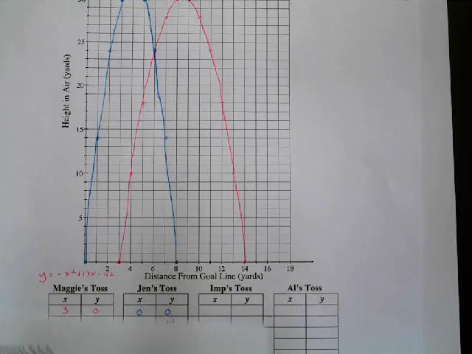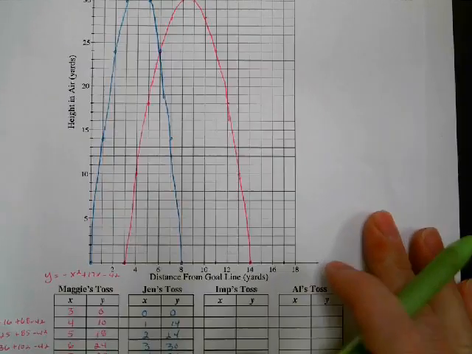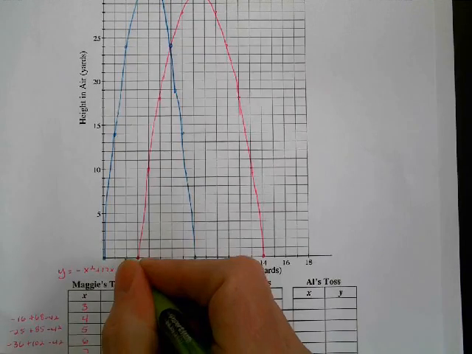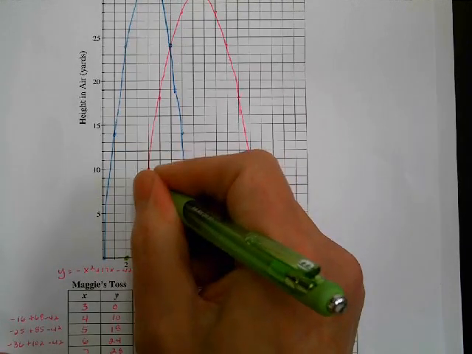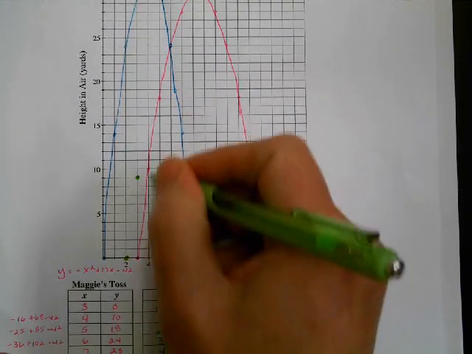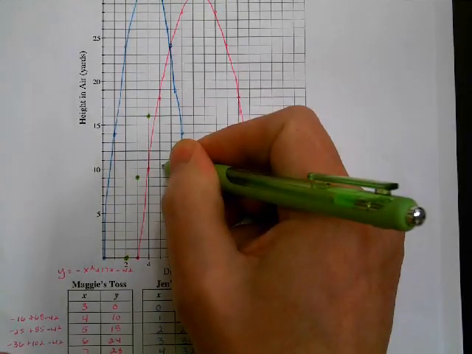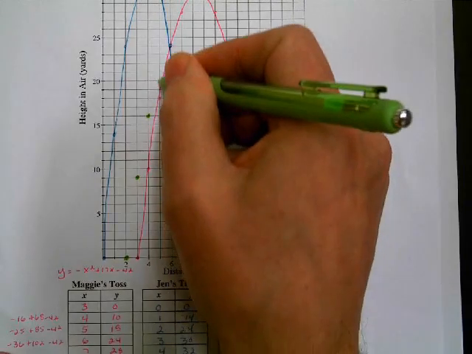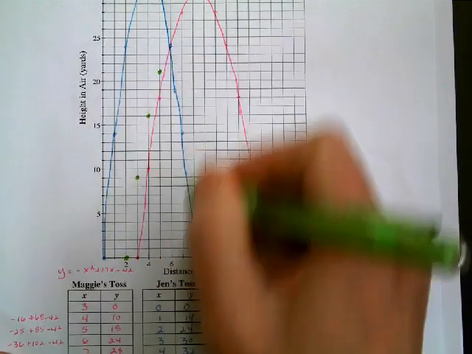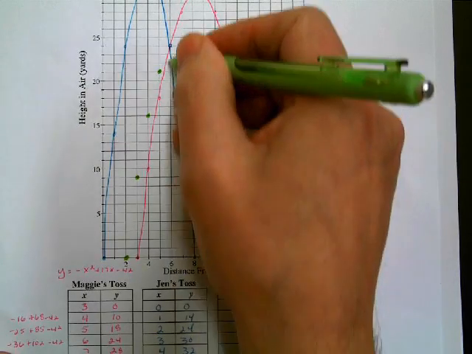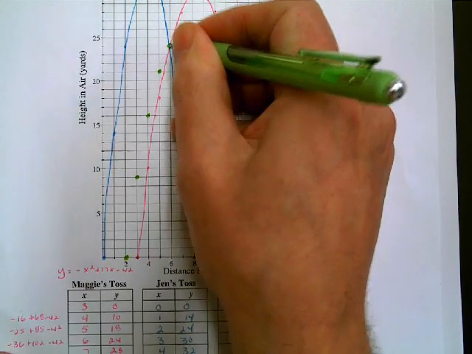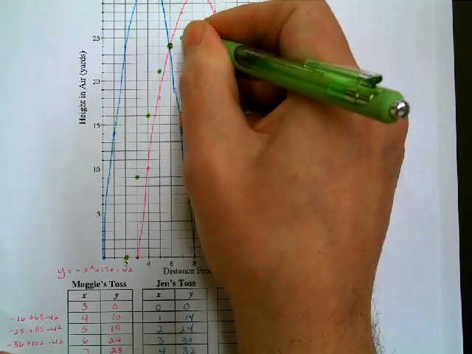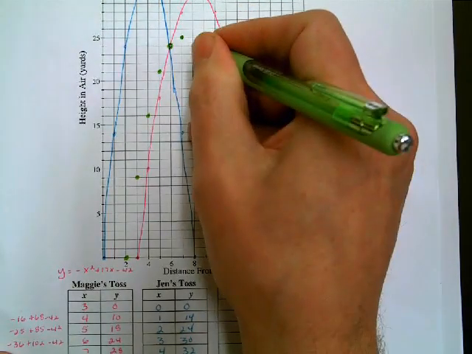So this is Imp's toss. I don't know where they came up with that name. So they start at 2, 0. So he's cheating. 3, 9. 4, 16. 5, 21. 6, 24. Dang. They're all hitting that one spot. And then 7, 25 is our highest point. And then everything else is a reflection at that point.